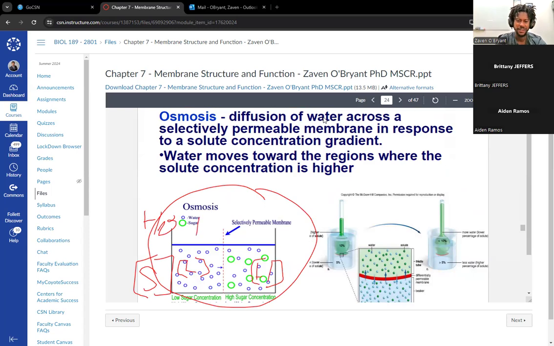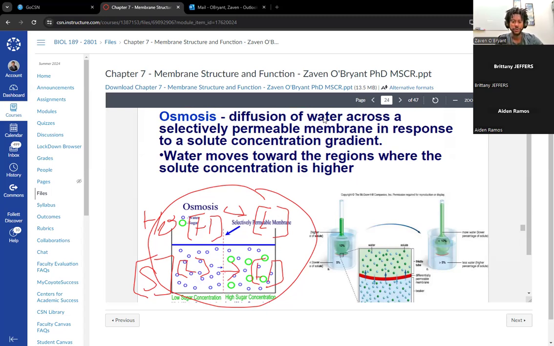On the left, there is a high water concentration, and on the right, there is a low water concentration. But the movement is still going from left to right. So it doesn't matter the concentration of either the water or the solute in terms of the flow. In this case, it's going from left to right.